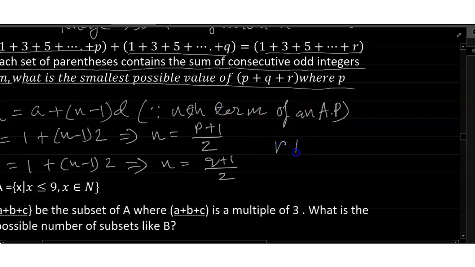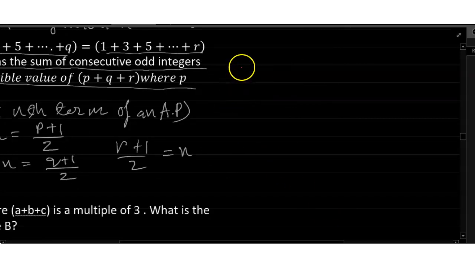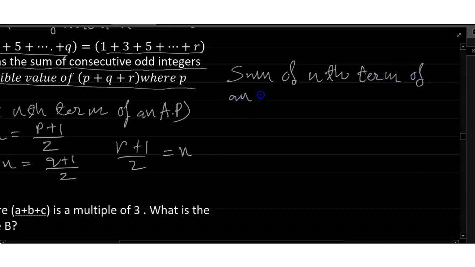Similarly, (r+1)/2 = n. The sum of the nth term of an AP is a plus (n minus 1) into d.